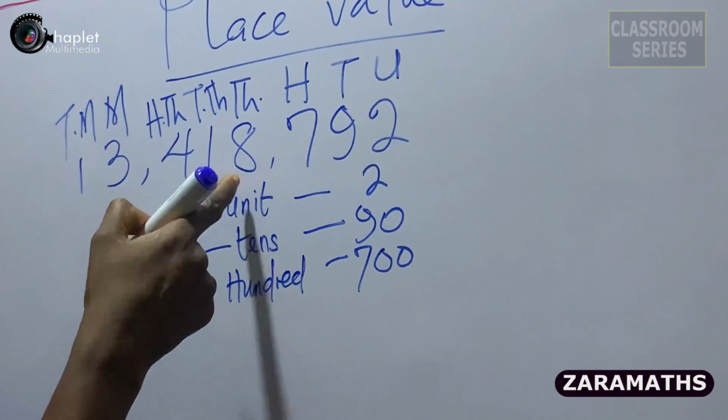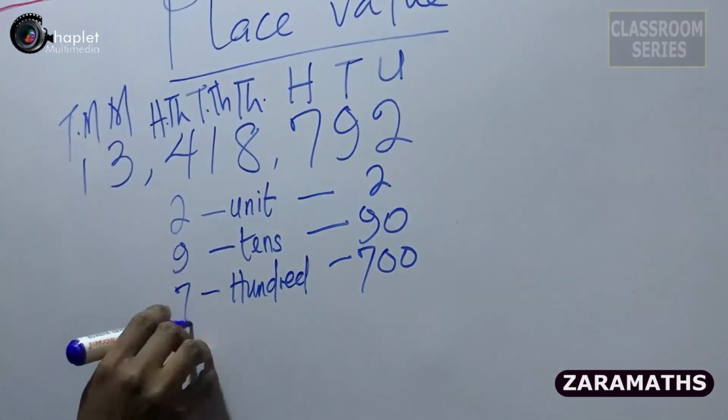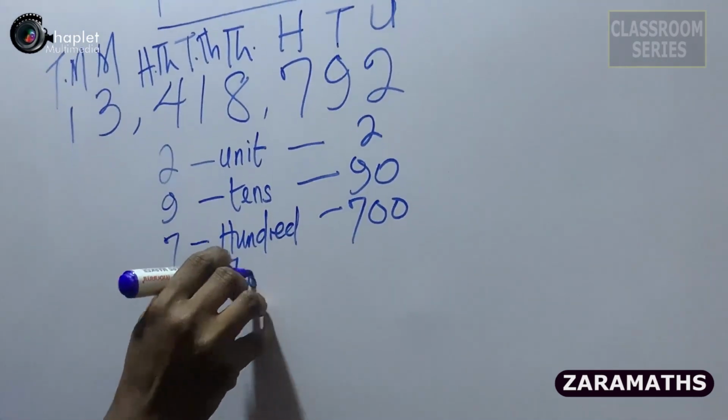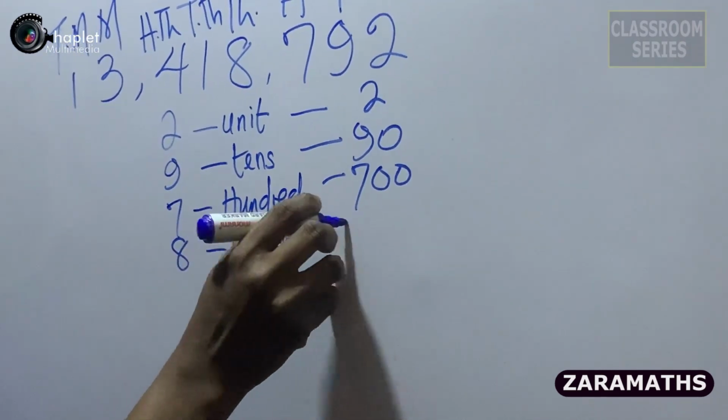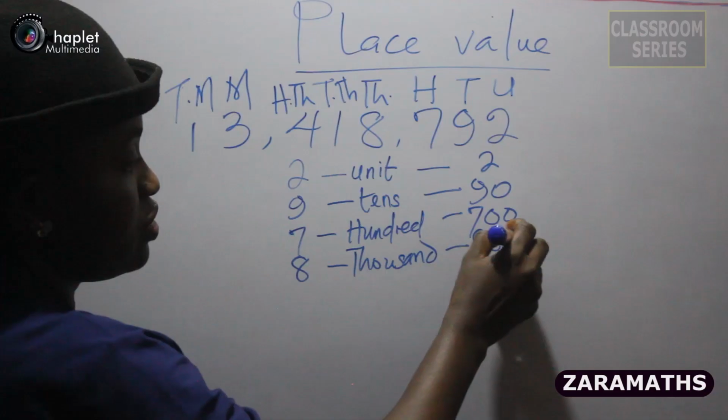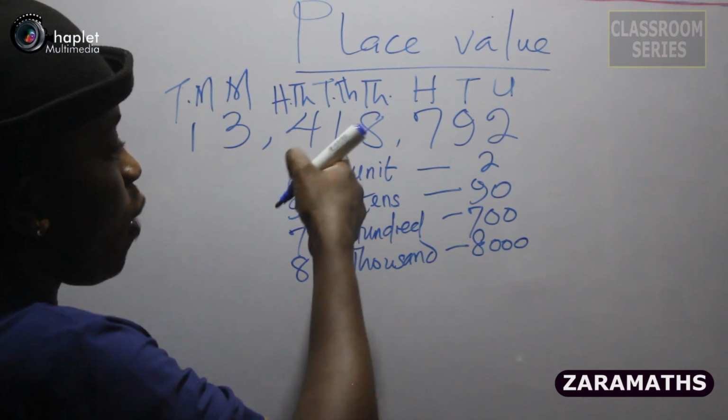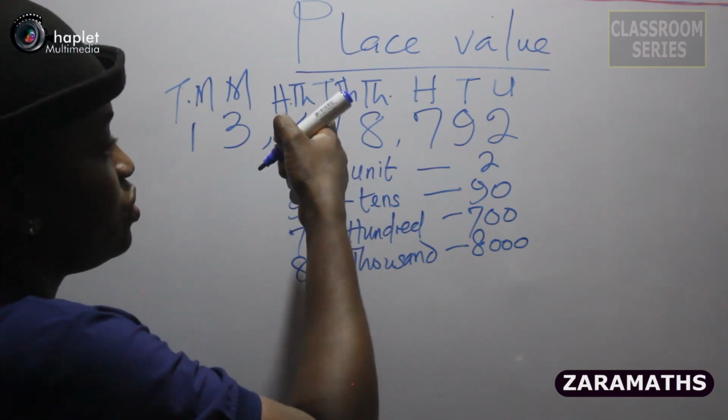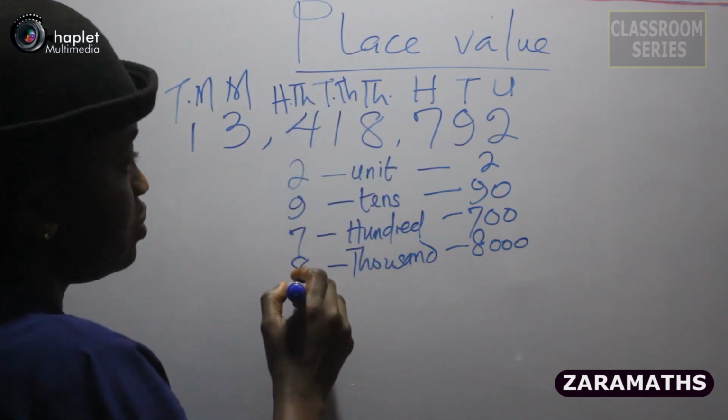The place value of 8 is thousands. 8 is thousands, which is 8000.